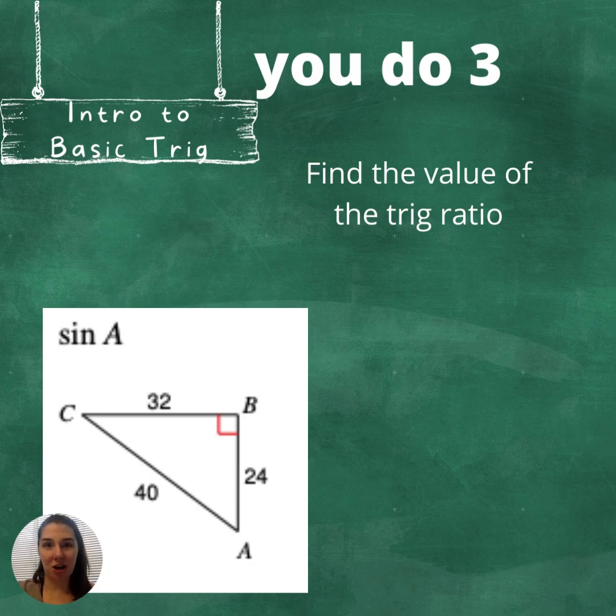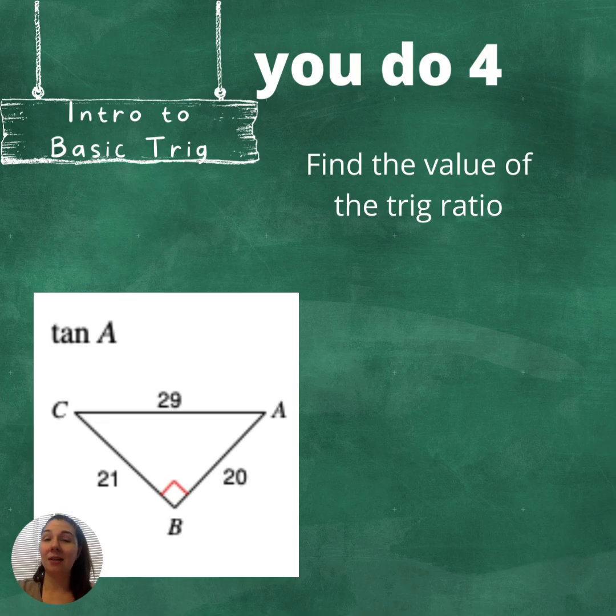I just want the ratio. And last, but certainly not least, I would like you to find the value of the trig ratio for the tangent of A. Again, use SOHCAHTOA to help you set up this problem. As a side note, if you can simplify the ratio, go ahead and do that. You would like the simplest form of the ratio possible.